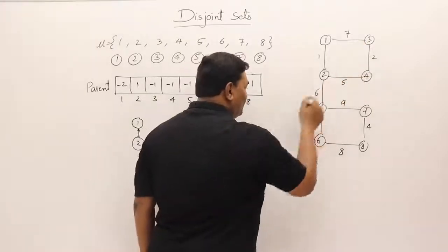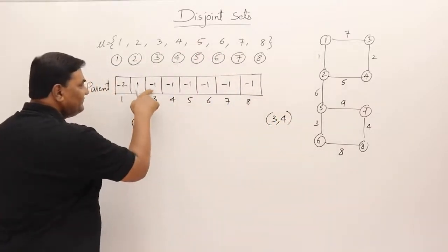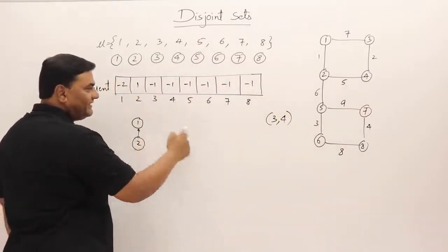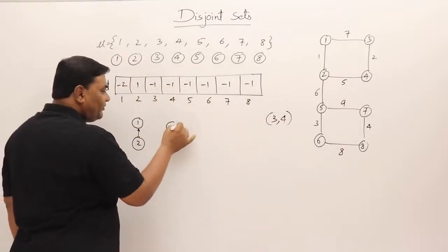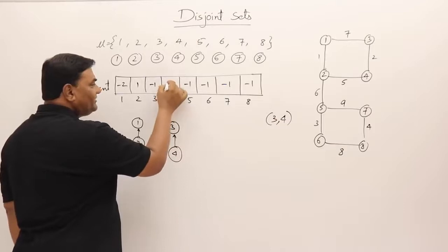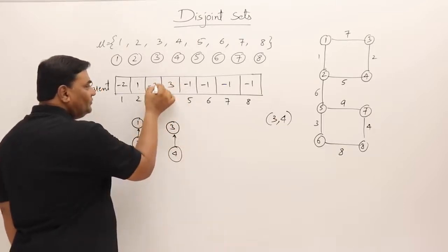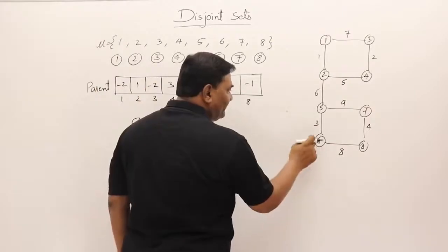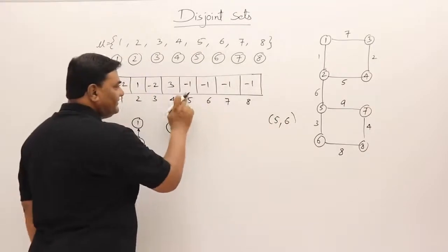Next edge is 3, 4. Find 3, -1. Itself is a parent. 4, -1. Itself is a parent. So form a set. So who is the parent of 4? 3. And what is 3? It's a parent, but there are 2 nodes in this one. 5, 6, the third one. Find 5, this is -1.